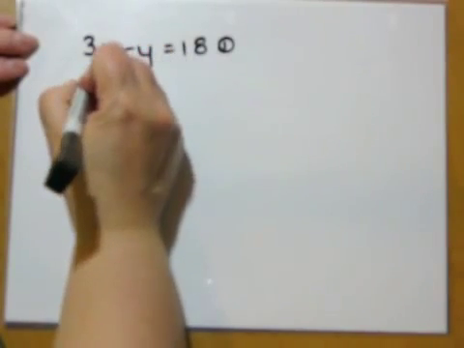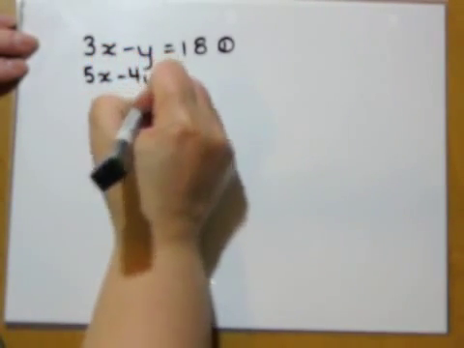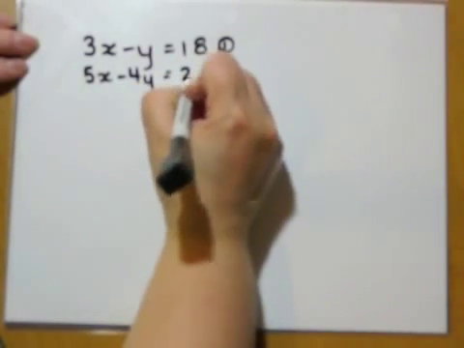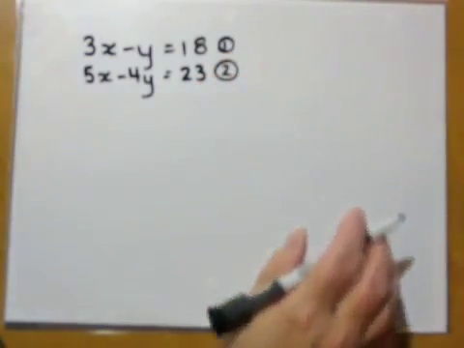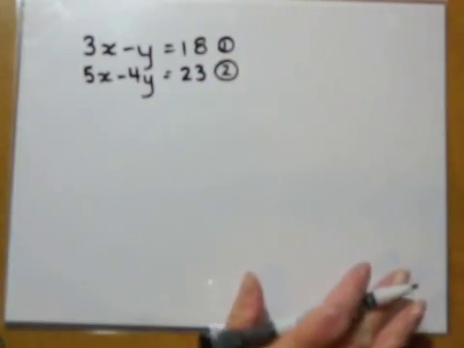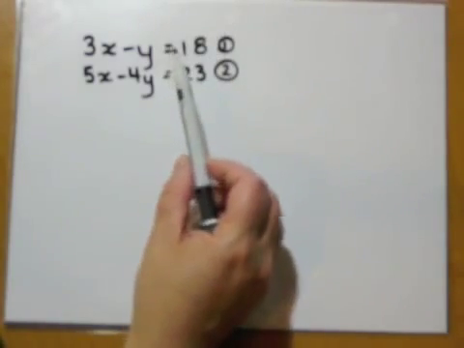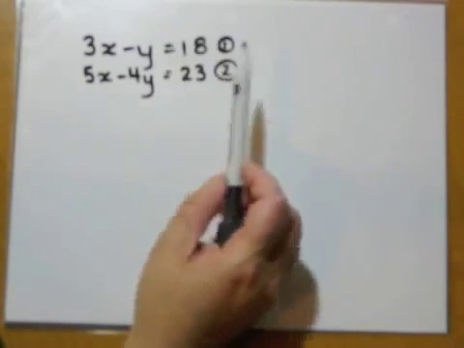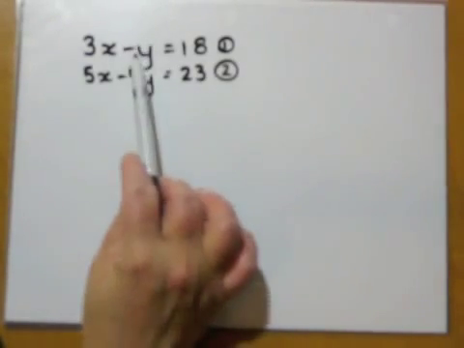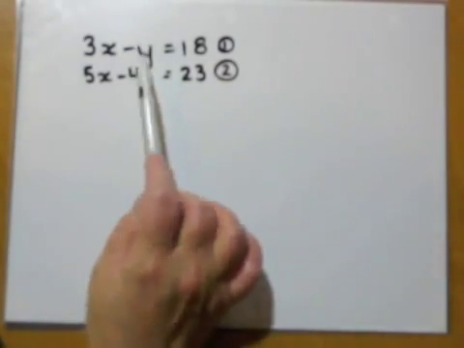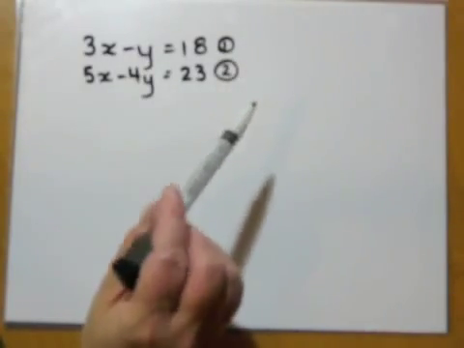And our equation number 2 will be 5x minus 4y equals 23. Now, we can still solve this by substitution. Even though I don't have just a straightforward y equals, I do have a y here that's almost by itself. It doesn't have a coefficient, or we can say it has a coefficient of negative 1, but there's no number in front of there, so that makes it very simple.